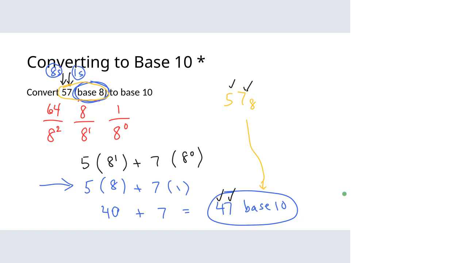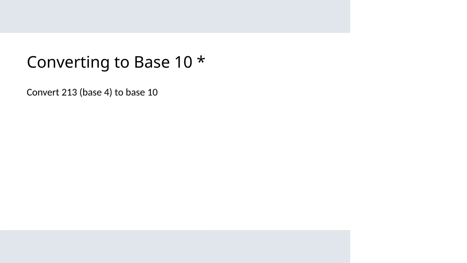All right, let's try another one. Convert 213 base 4 to base 10. I'll set up a poll for this one too.